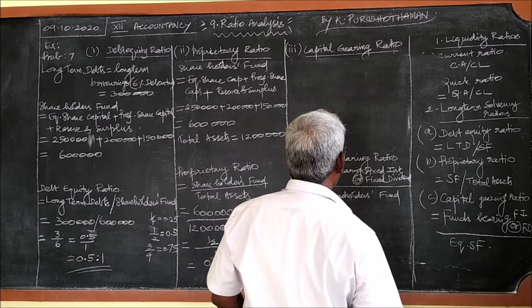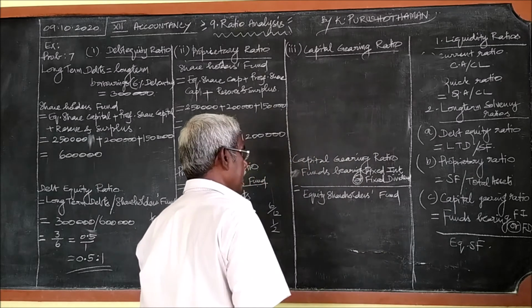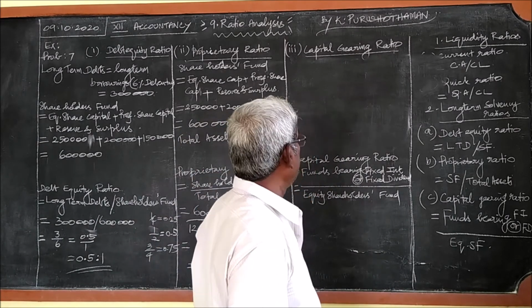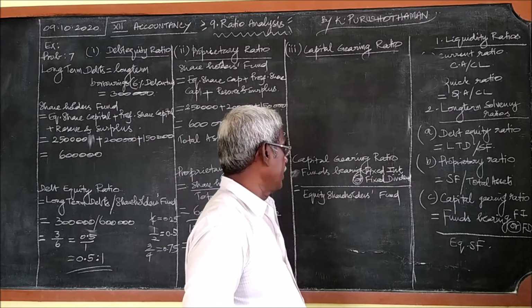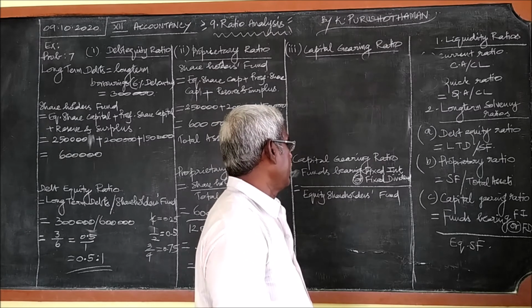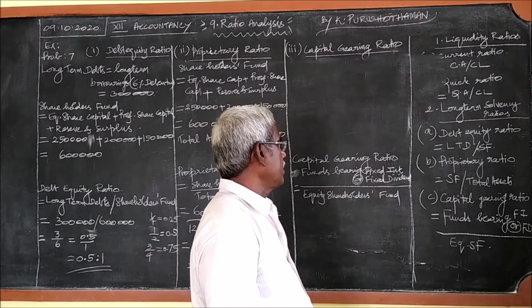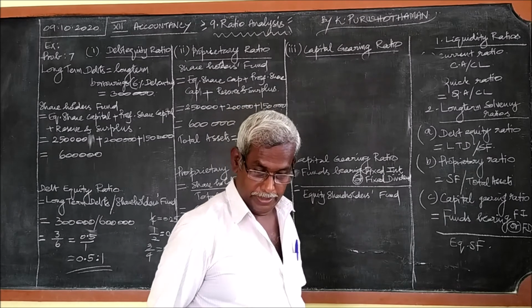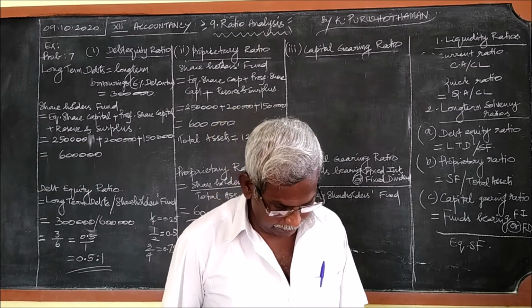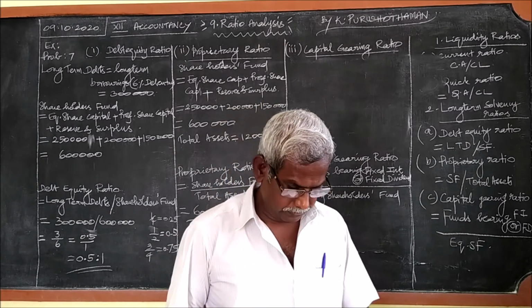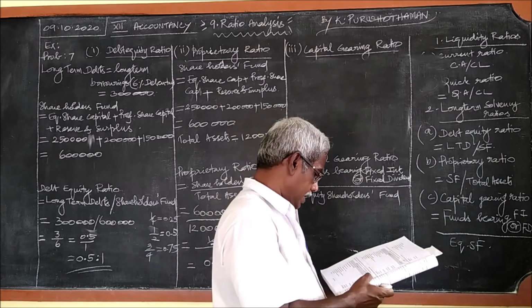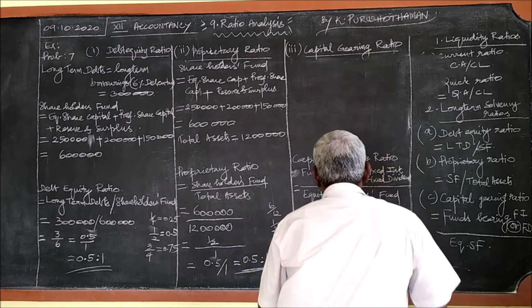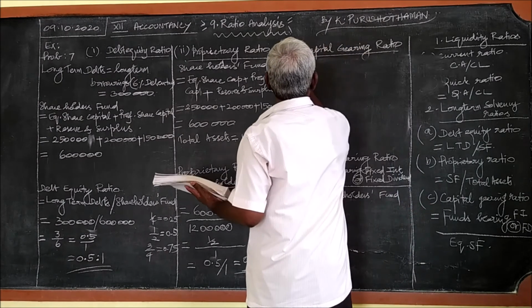Funds bearing fixed interest and fixed dividend. Fixed interest item is debenture. Fixed dividend item is preference share. So, what are the items given for them? 8% debenture for the numerator.